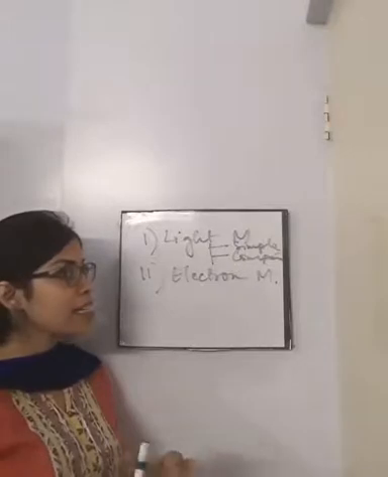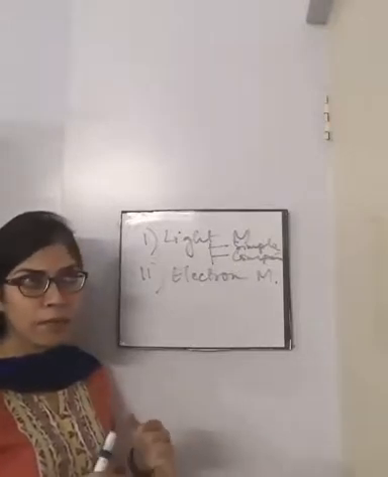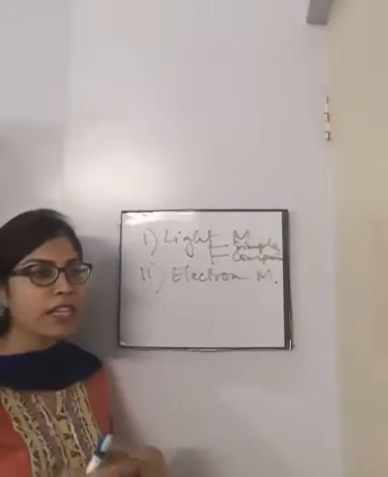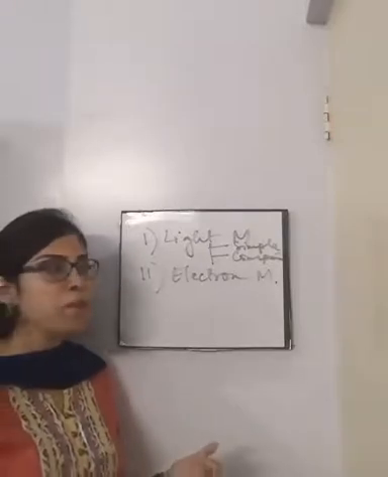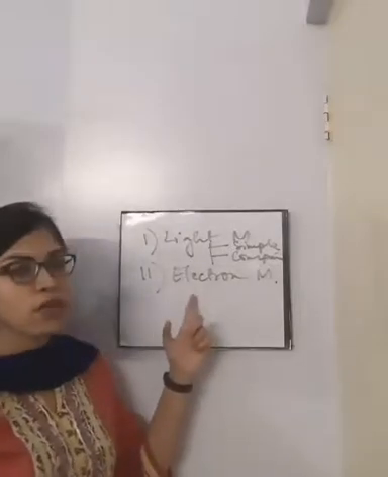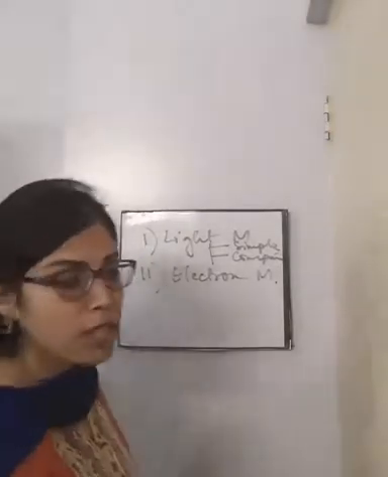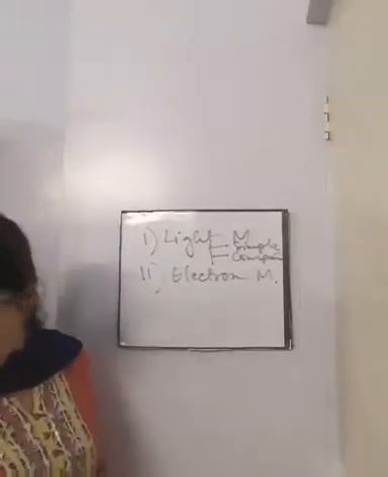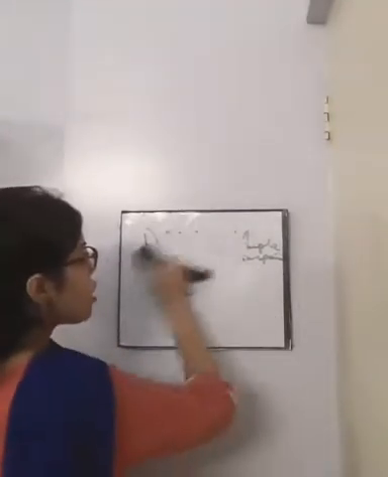It is a very costly and very rare thing. It is not present everywhere. So these are the two types of microscopes, and the electron microscope was first manufactured by Knoll and Ruska.